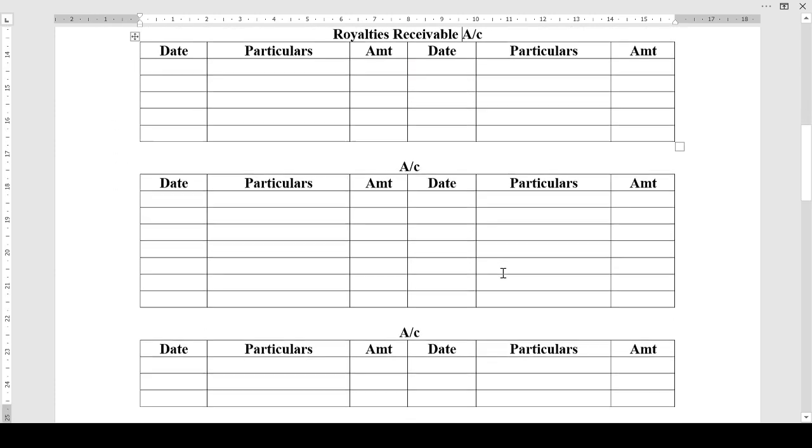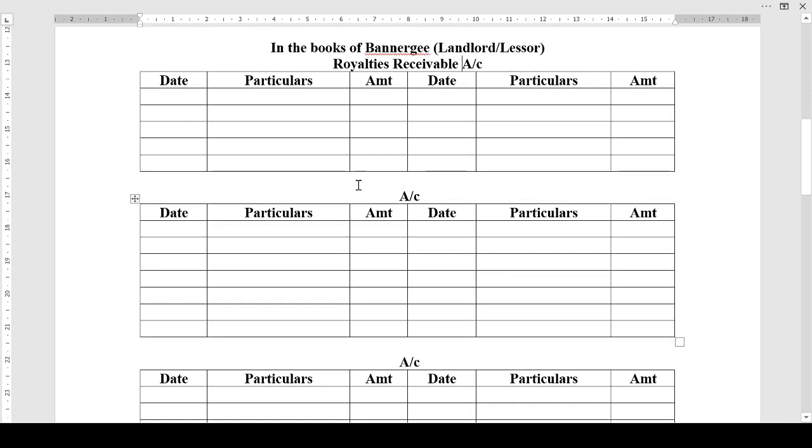Then we have short working. I told you yesterday, not just short working, but short working allowable, because the landlord is allowing the lessee to recoup the short working. So it's called short working allowable account, since we are in the books of the landlord.